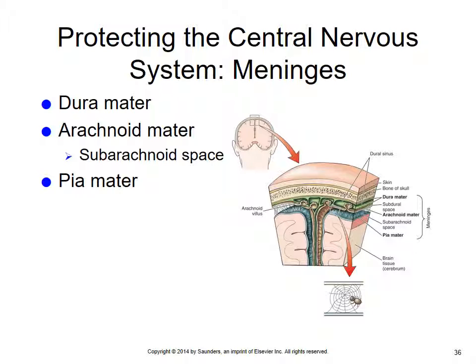Because the cranium cannot expand, a subdural hematoma causes pressure on the brain. The symptoms depend on the location of the pressure, but might include a dragging foot, blurred vision, slurred speech, or a decreased level of consciousness.